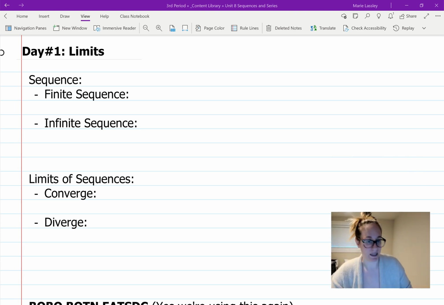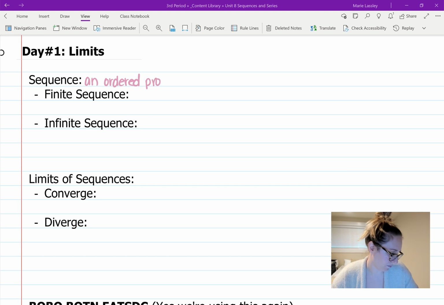All right, so that's our sequence: an ordered progression of numbers.